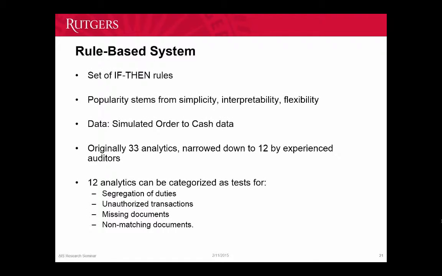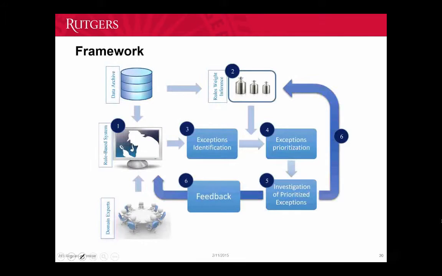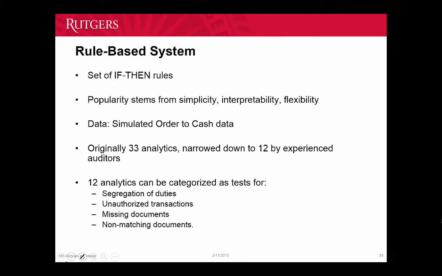So let's step back a little bit. Here we talked about the rule-based system, which is simply if-then rules. For example, the one before: if it was created by the same user who approved the shipment document, then flag it as an exception.